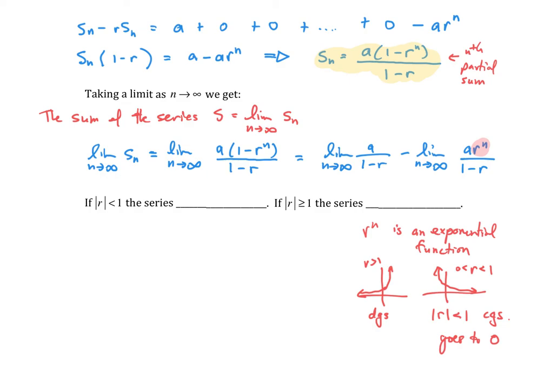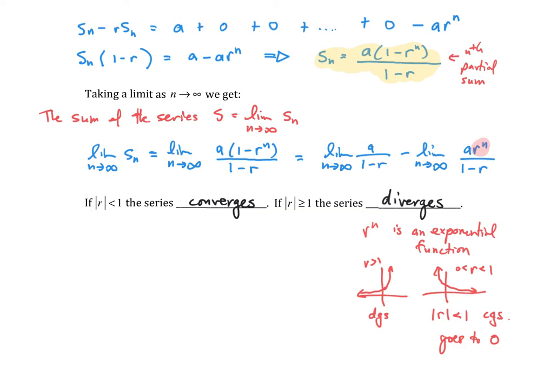So to summarize, if the absolute value of r is less than 1, the series converges. If the absolute value of r is greater than or equal to 1, the series diverges.